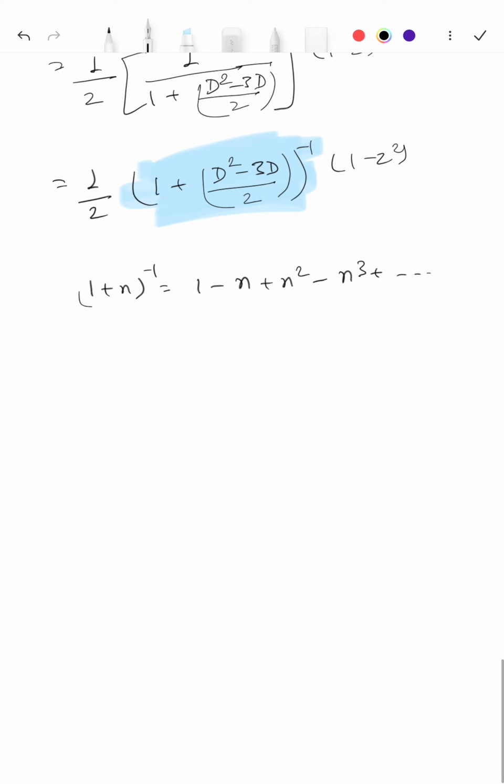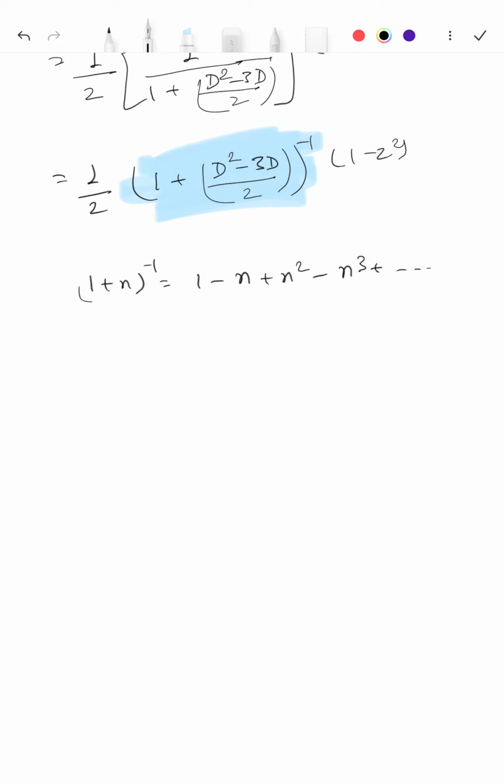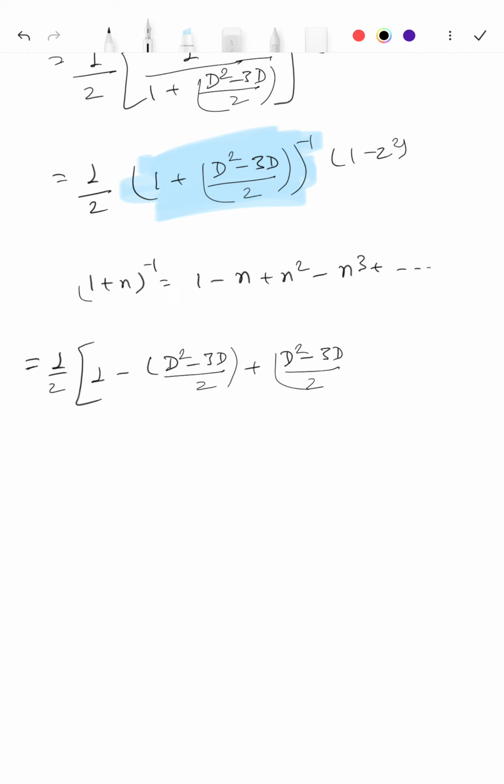Expanding this, we get 1 by 2 times 1 minus (d square minus 3d by 2) plus (d square minus 3d by 2) whole square, and the terms with (d square minus 3d) cube and all the terms ahead of that will turn out to be 0.